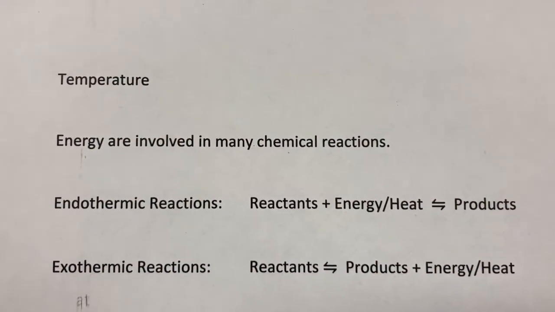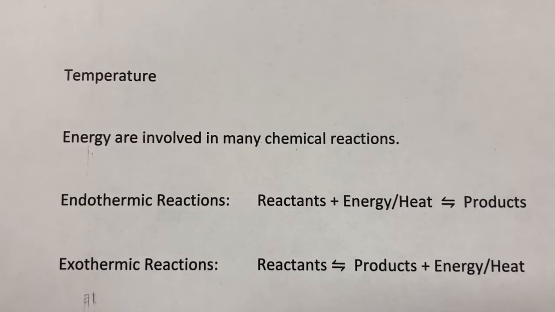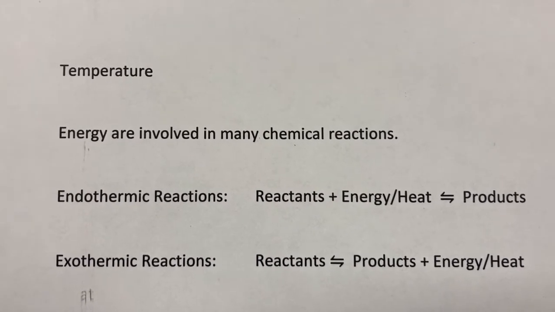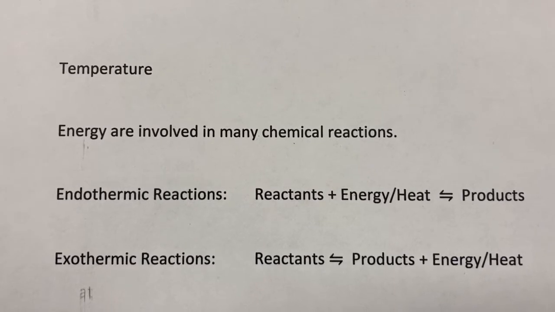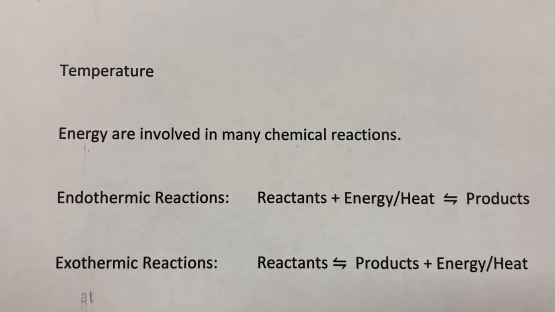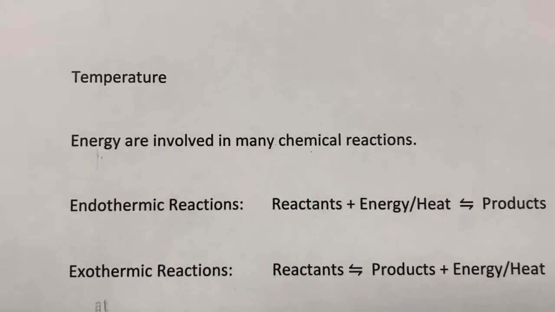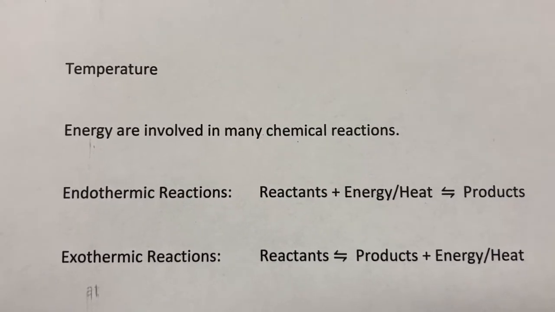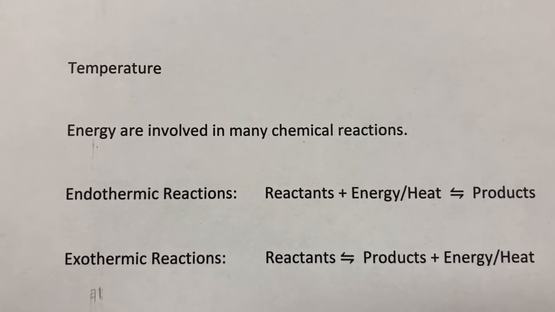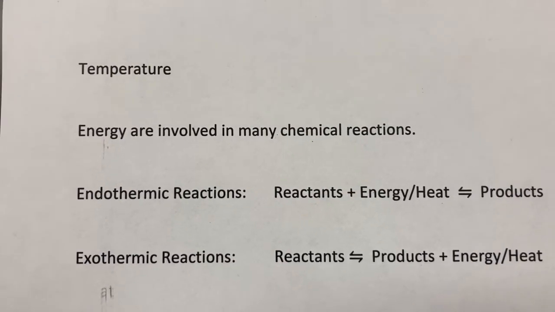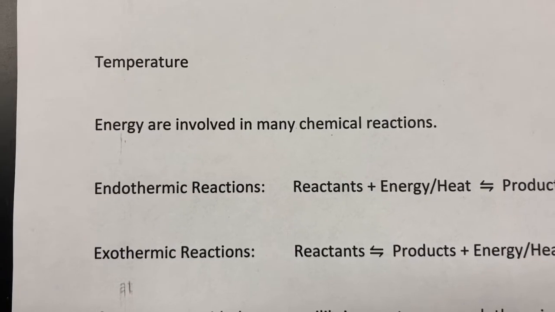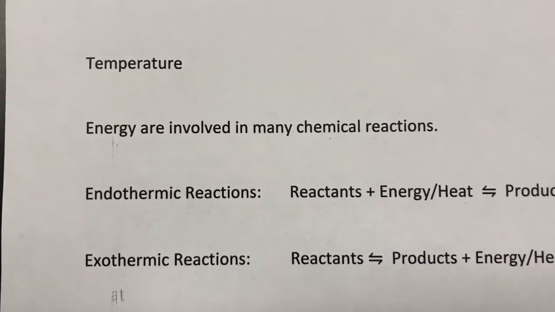The next part of the experiment is about the temperature change. How will the change in temperature impact the equilibrium? Many chemical reactions involve energy. One way to provide energy or take energy away is by heating or cooling the reaction system.